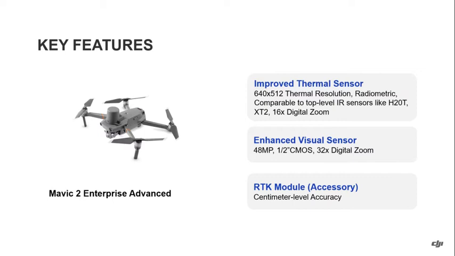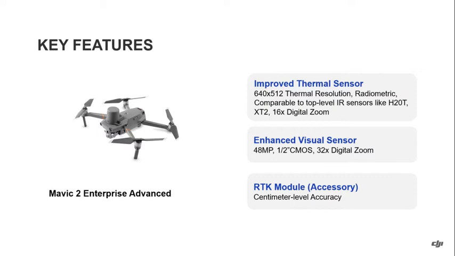First, about the improved thermal camera, it now supports 640 times 512 thermal resolution for radiometric data capture. And for the frame rate, we have improved it from the 8.7 Hz of the Mavic 2 Enterprise Dual version to now 30 Hz.